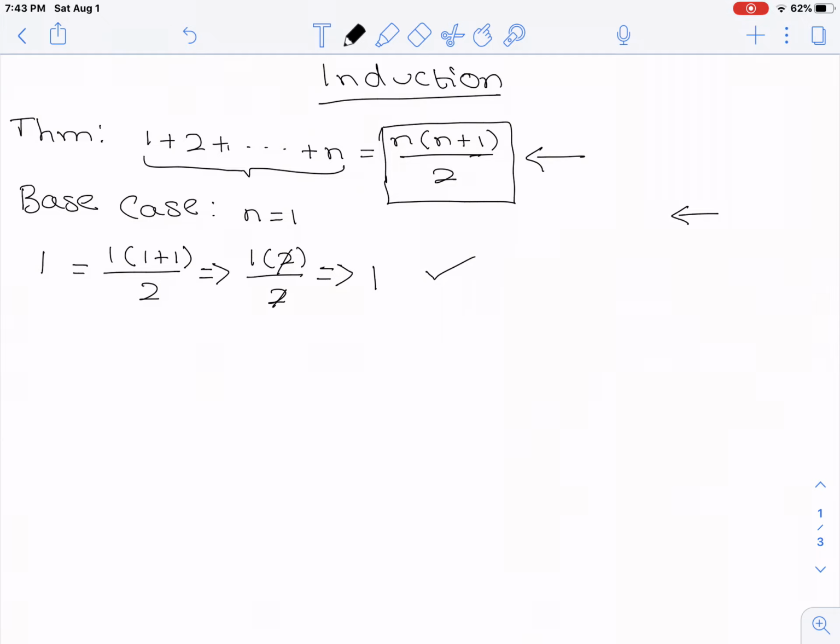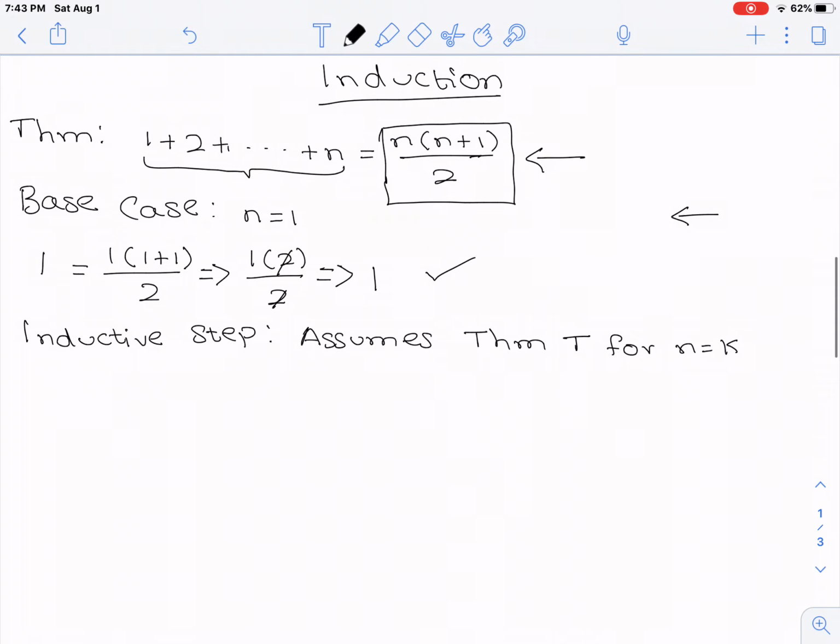But we want to prove the theorem for n is equal to 1, 2, and all other increasing n's. So how do we do that? Here comes the inductive step. So this step basically assumes that our theorem holds true for n is equal to k.